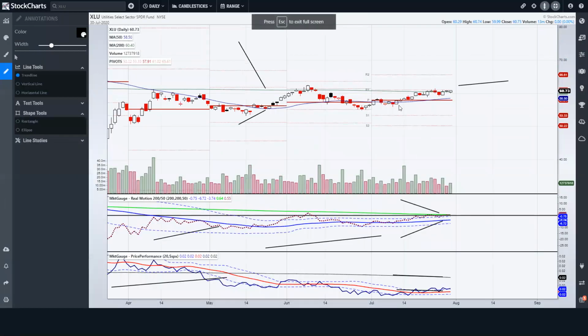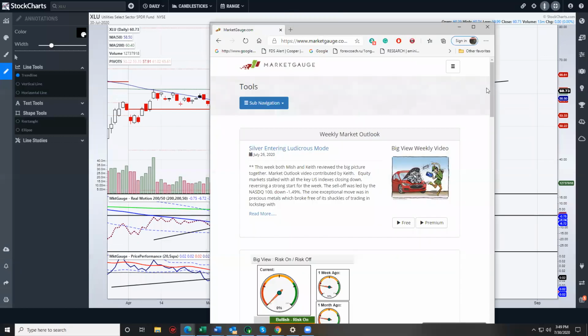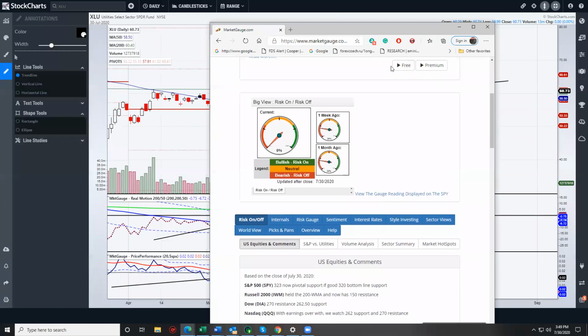So now with that, we're going to look at some really key intermarket relationships today. What's interesting is that when the market closed today, we've got this Risk Gauge that we do for the MarketGauge website.